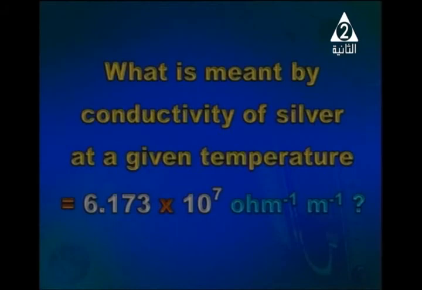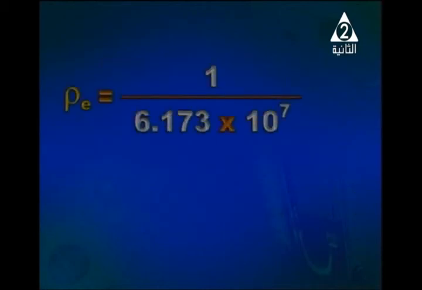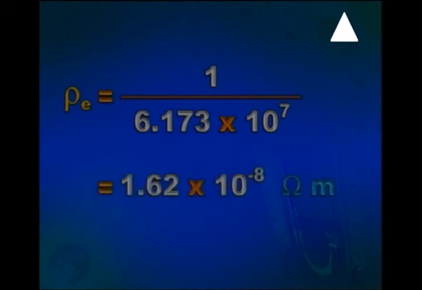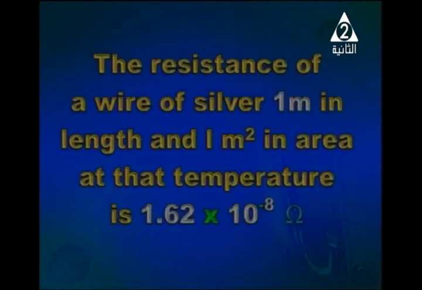Resistivity equals 1 over conductivity, so rho E equals 1 over 6.173 times 10 power 7, which is 1.62 times 10 power negative 8 ohm meter. Now we can say the resistance of a silver wire 1 meter in length and 1 meter squared in cross-sectional area at that temperature is equal to 1.62 times 10 power negative 8 ohm.